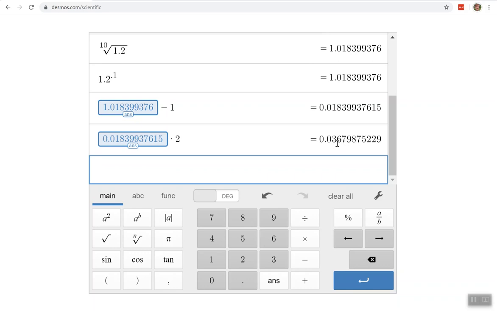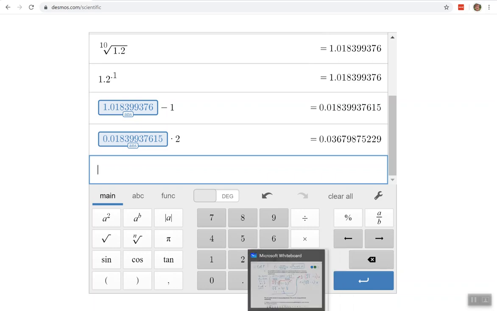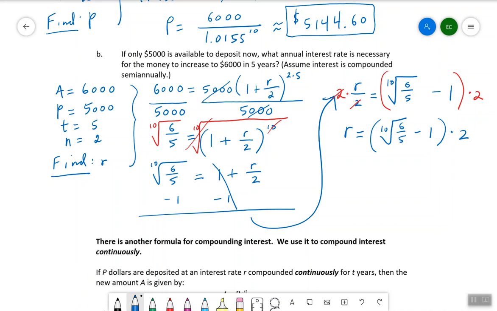And then if we round off to 2 decimal places on the percent, that would be that 7 rounding up to an 8. We'd have 3.68%. So R is approximately 3.68%. Practice on the calculator to make sure that you can get that answer.